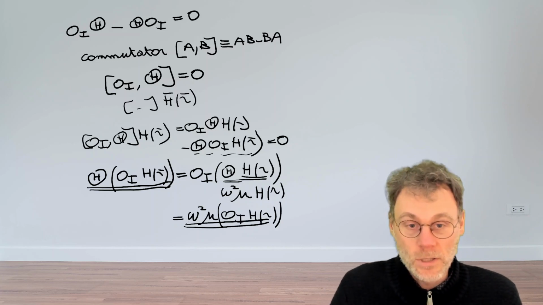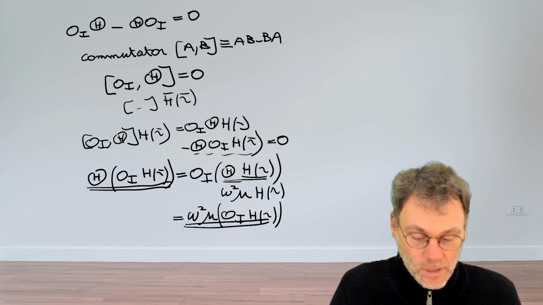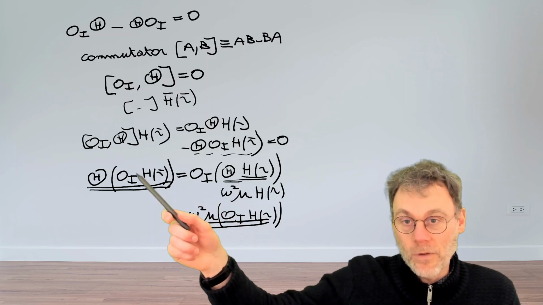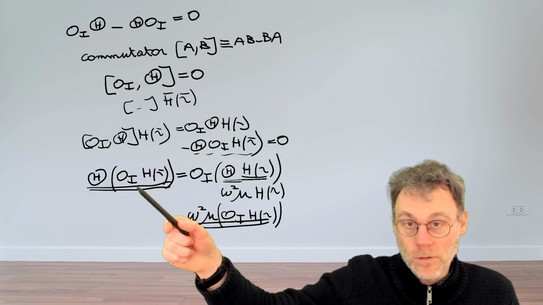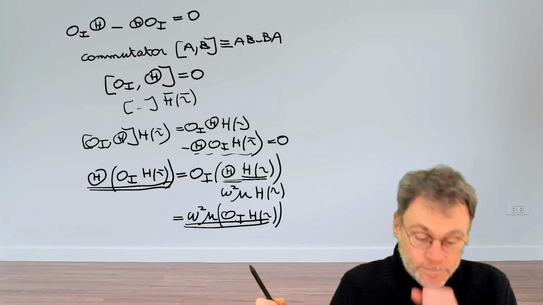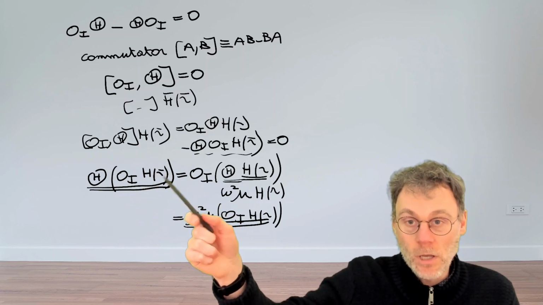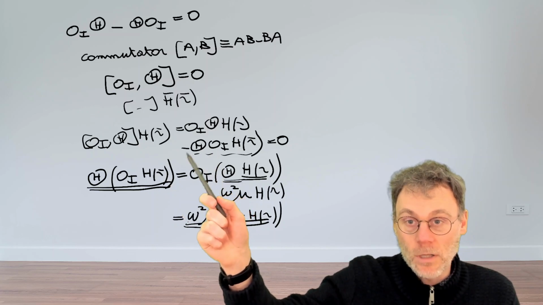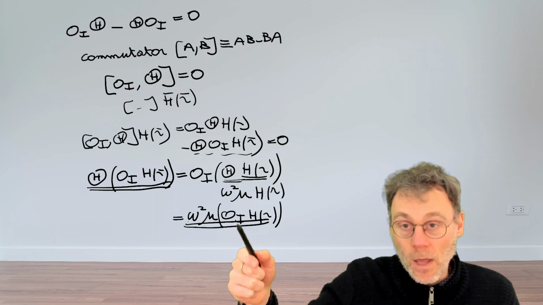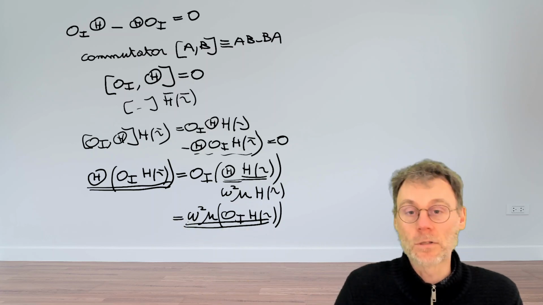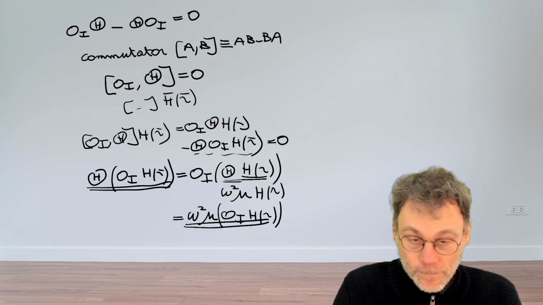So what does this thing actually tell us now? It tells us that if we take an operator theta and we operate on a certain quantity here in between these brackets, which is OI of h, well, the end result of that operation is that we get the stuff between brackets back, OI of h, but multiplied by a certain scalar omega squared mu.